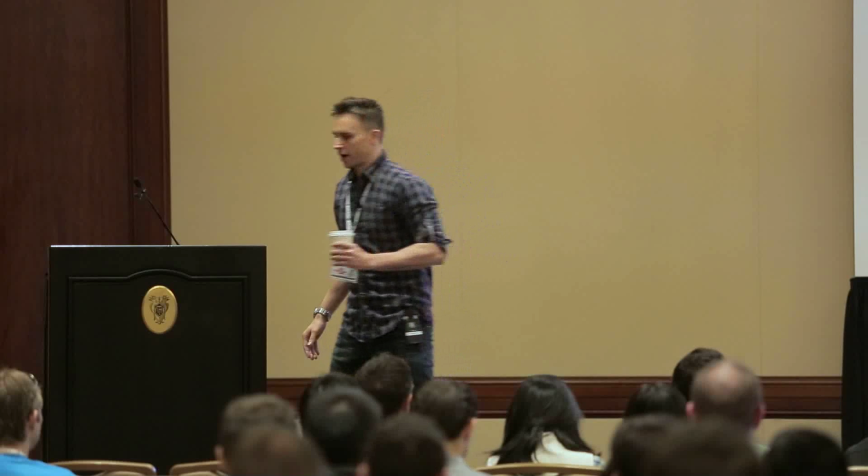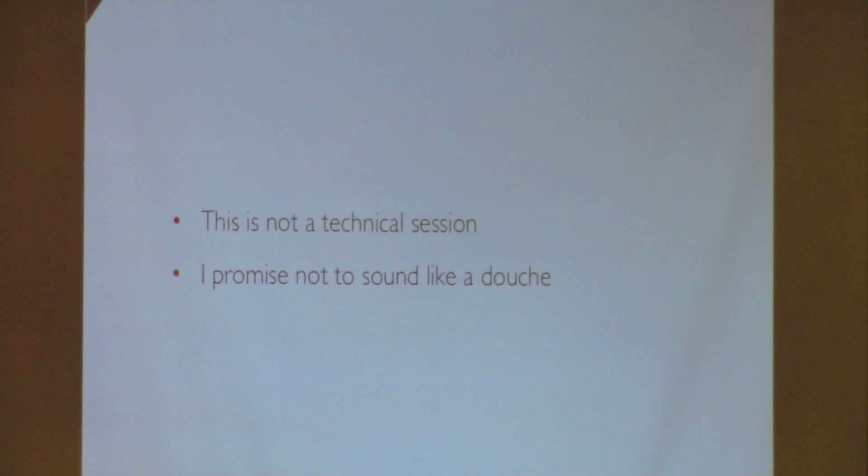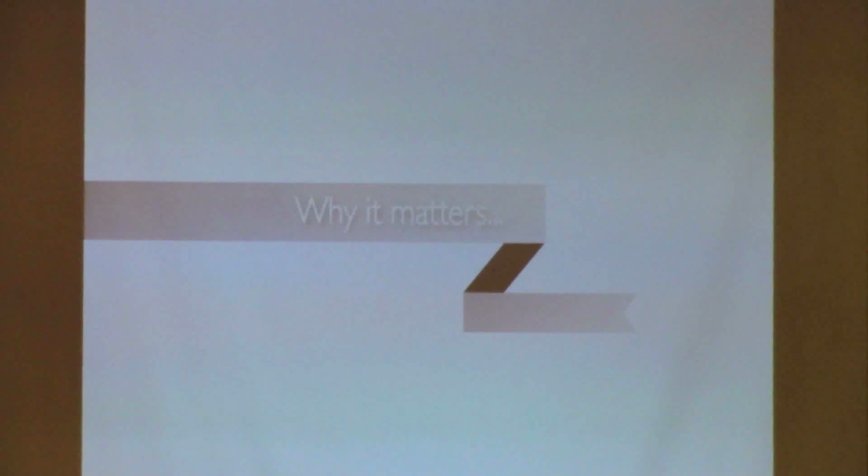I promise not to sound like a douche or get all high and mighty on you. I want this to be really practical, so you can go out and apply it right away. My goal is to make it directly applicable to whatever you're designing.